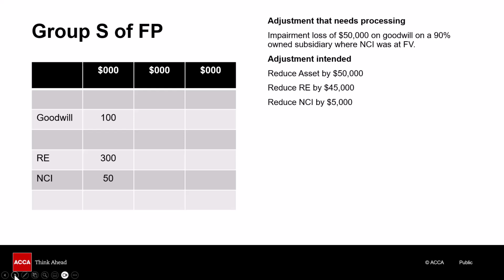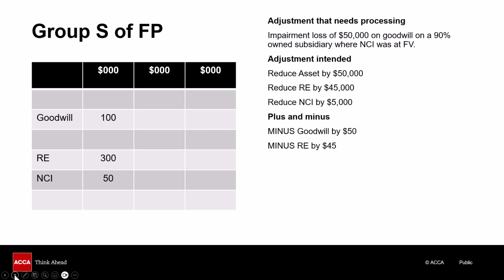Now to execute that, you need to do some pluses and minuses. To execute that, you need to reduce the goodwill by 50 because it's already 1,000 in the columns. If you put in 50,000, that's the equivalent of 50 million. You are reducing the goodwill by 50.